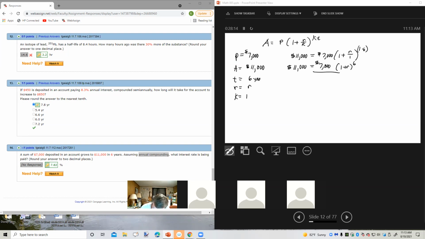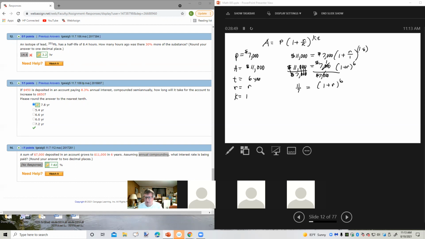So now I'm going to divide both sides by $7,000. On the right side, that reduces down to 1. On the left side, that reduces down to 11/7. So let's go back to chapter, is it chapter 9 or chapter 10, where we take the root of both sides?